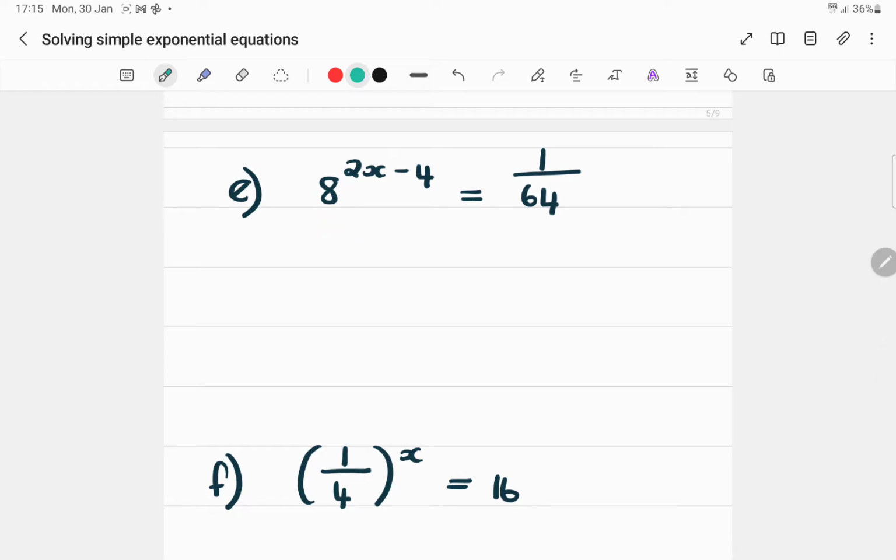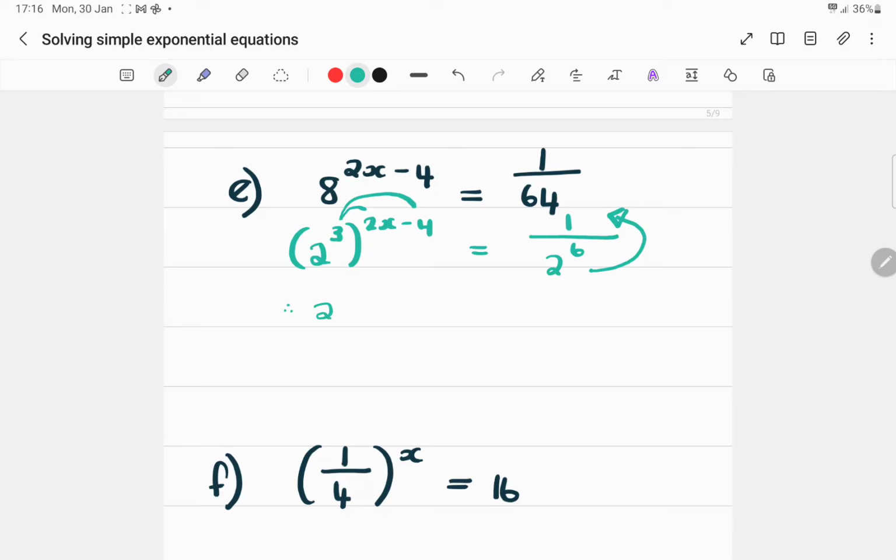All right, so 8 we're going to write as 2 to the power of 3, all raised to the power 2x minus 4, is equal to 1 over 2 to the power of 6. Want to keep it on the same level as the other, so we're going to take it to the top, and here we're going to distribute that 3 to multiply with the whole exponent over there.